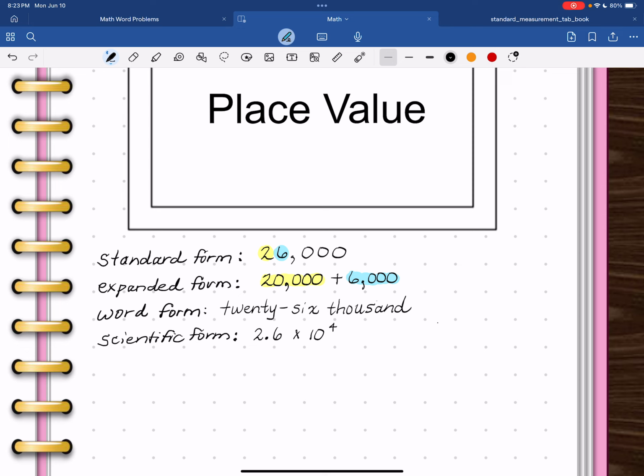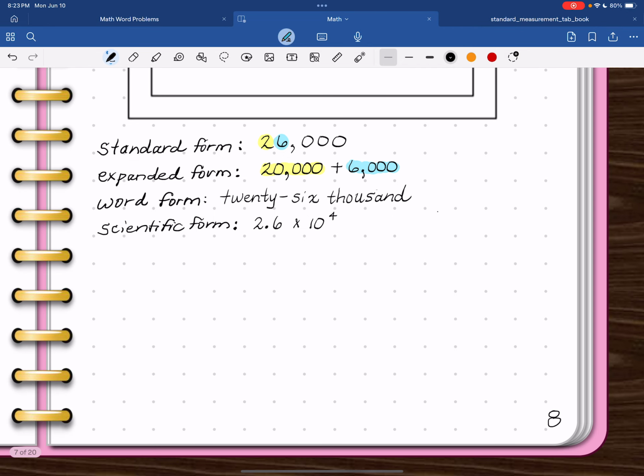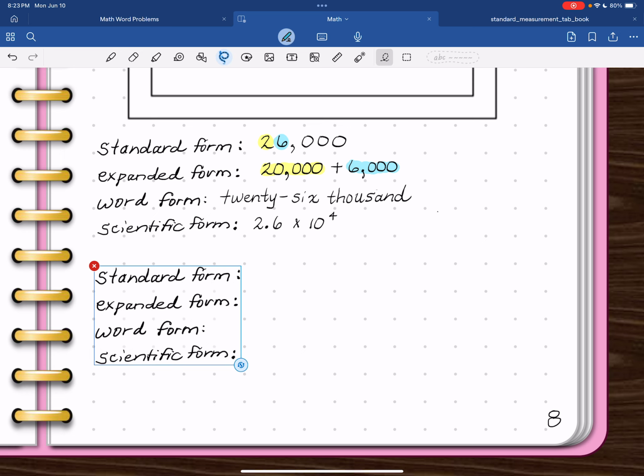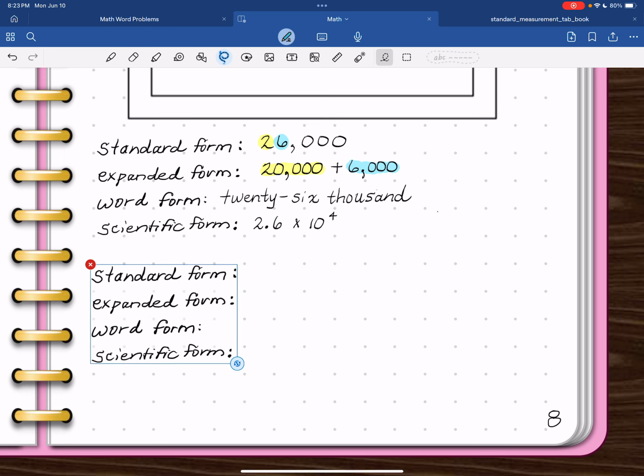This may be a little bit too much for some students. So you will need to decide if that's taking it too far. And if it is, just leave that off. You don't have to put scientific form. But if you're working with a fast track class and they understand place value fairly well, I would go ahead and throw this scientific form at them. I think that's good practice if they're ready for it.